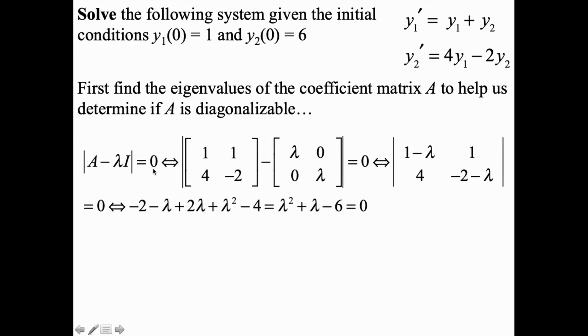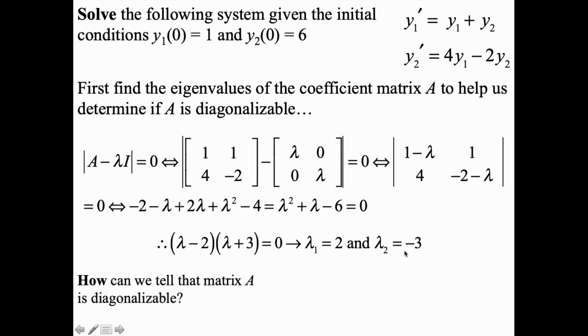So, familiar technique with the characteristic equation, we take A minus lambda I and we solve for our lambdas. You've gone through details like this in the past, no problem. And using factoring techniques, we show that one eigenvalue is equal to 2 and the other eigenvalue is equal to -3, which leads to the question, how can we tell at this stage that matrix A is diagonalizable?